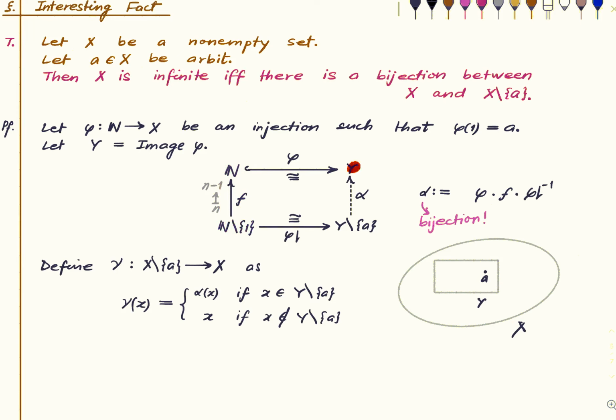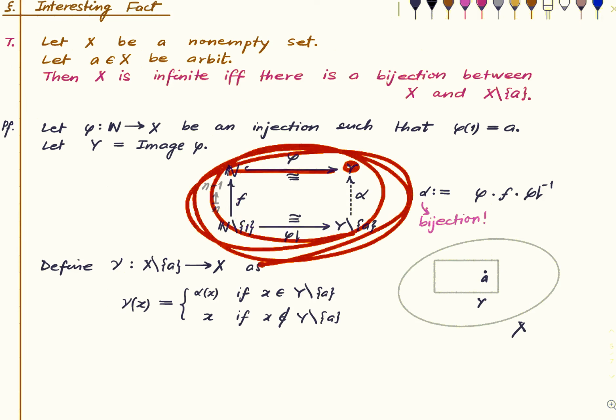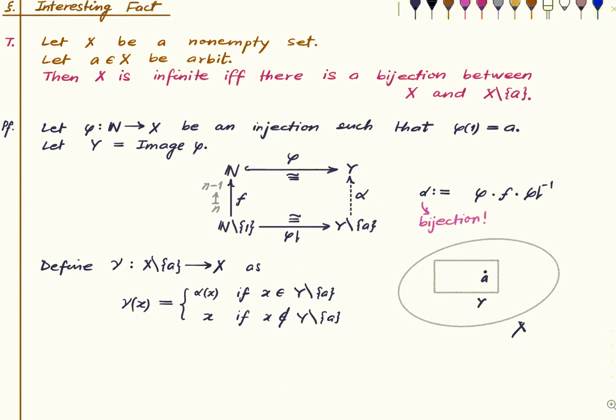Once you identify y with the natural numbers via the function phi, you can mimic the same thing in y after passing to the naturals, then getting this bijection, and then again coming back to your original thing. So that's what is happening here. It may look like some complicated machine, but nothing is going on. Okay, mull over it. These things will become more and more clear.